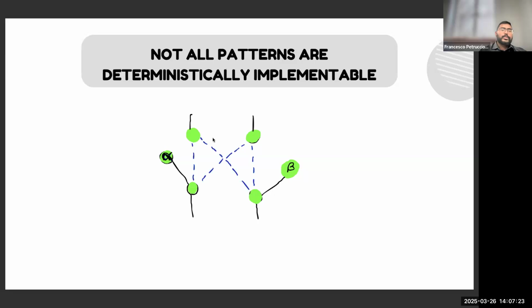And why do we say that this is not deterministically implementable? Suppose we have this pattern and the alpha measurement had an extra pi phase here. To correct it, we'd need to use its neighbors, so the upper two vertices.